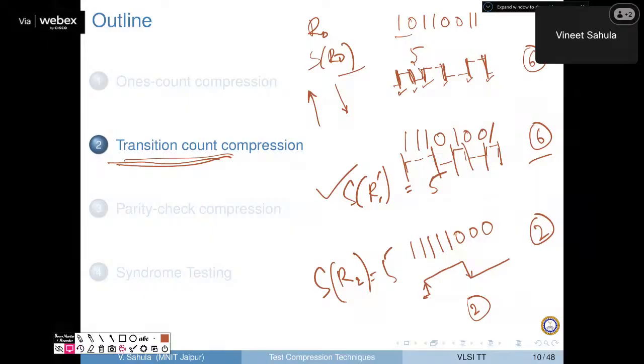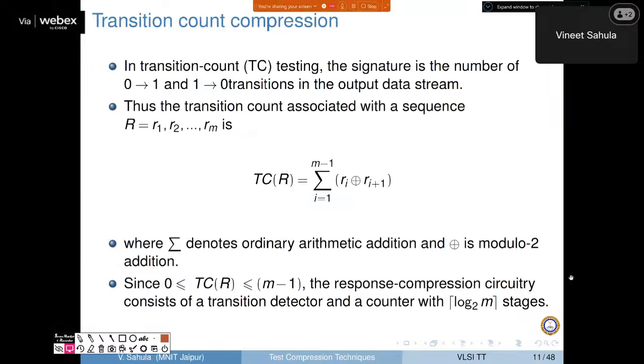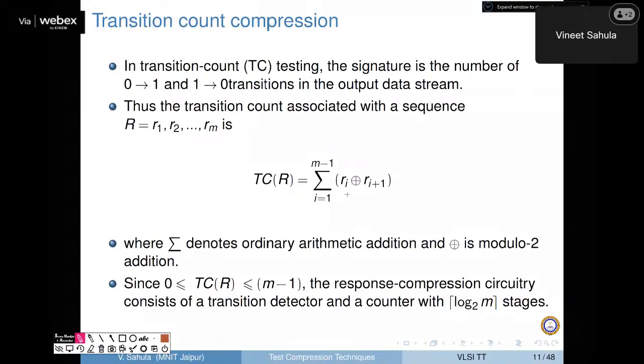So this is a slightly improved version of that. The way we do transition counting is with the bit change, which we take as XOR. If you have the output sequence of the tests, you keep doing XOR between every pair of adjacent bits to find out whether there is an edge.